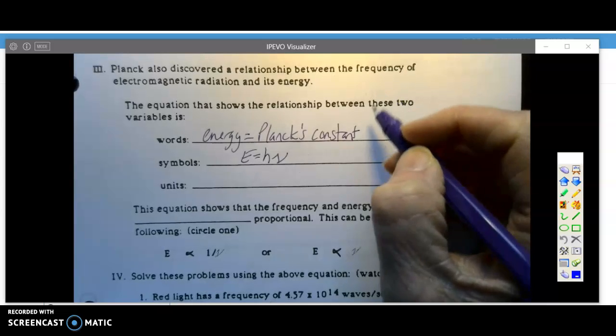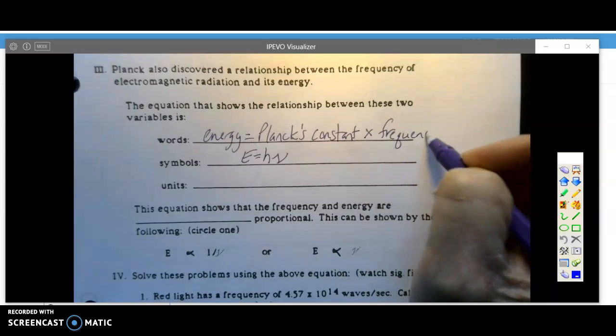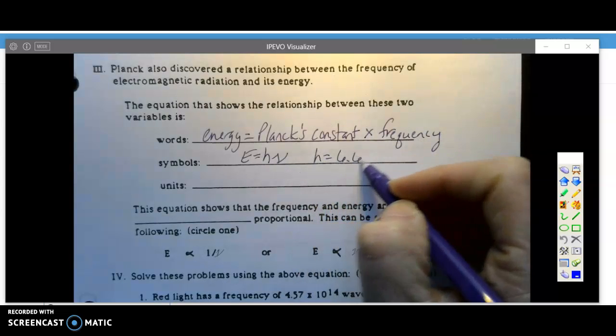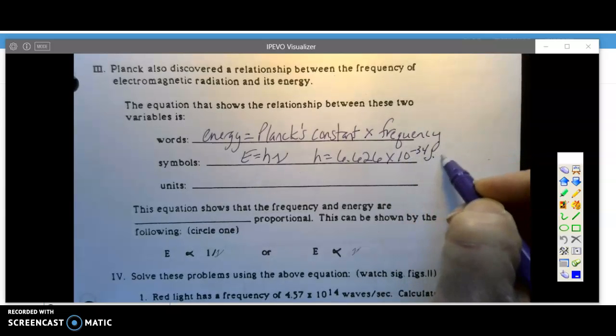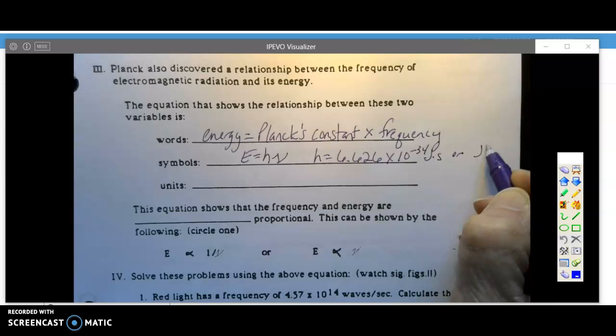So just like the speed of light is always constant, this is as well, and times frequency. So Planck's constant is 6.626 times 10 to the negative 34th joules times seconds, or joules per hertz.